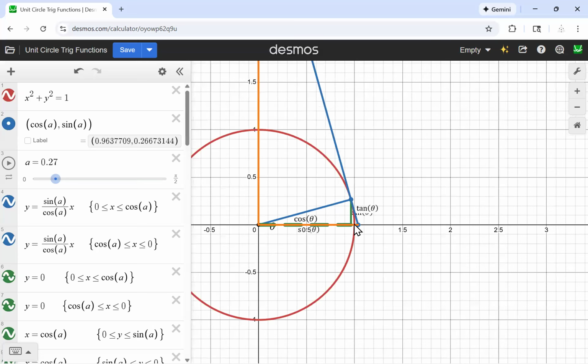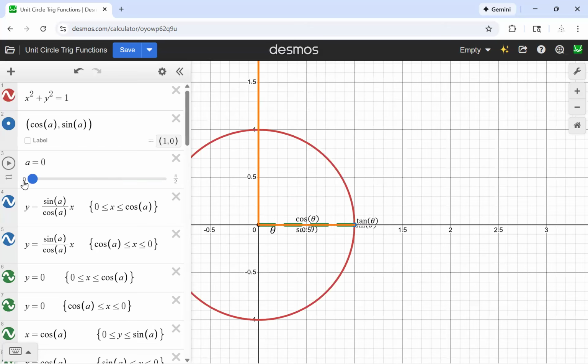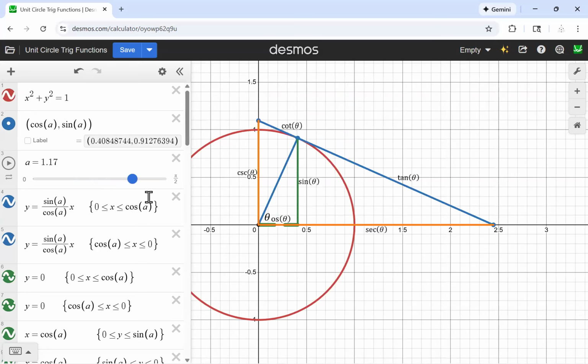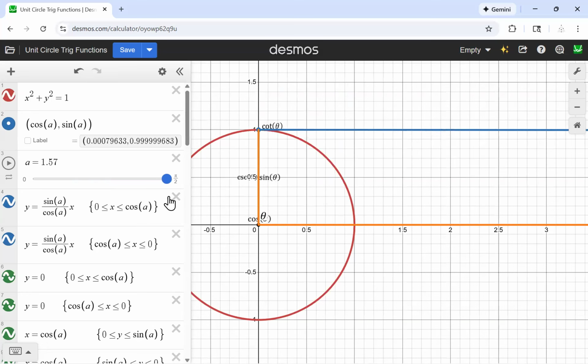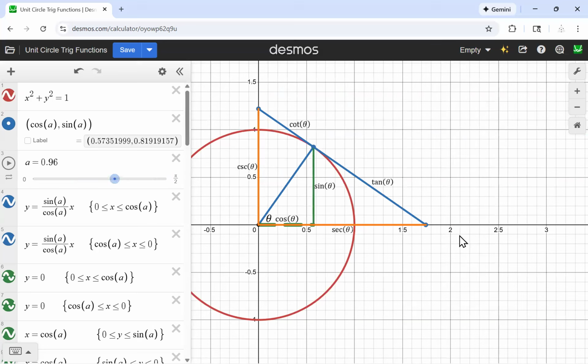Secant can go down at smallest to 1, but that's what happens. At the point where the angle is 0, obviously the cosecant goes away because it gets to infinite length, and same with cotangent. And when the angle gets to be like 90 degrees, then secant gets infinite, and then tangent would get infinite.